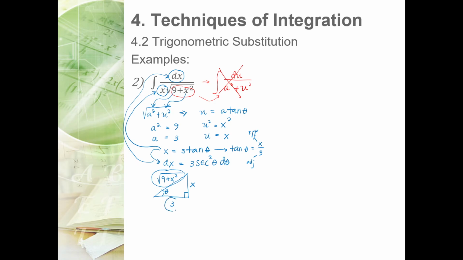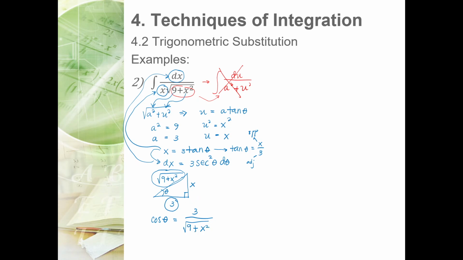Upon pairing up with the constant, we determine the corresponding trigonometric function. The simple format for this one is the cosine function. Cosine theta is equivalent to the adjacent side, that's 3, over the hypotenuse, the square root of 9 plus x squared.